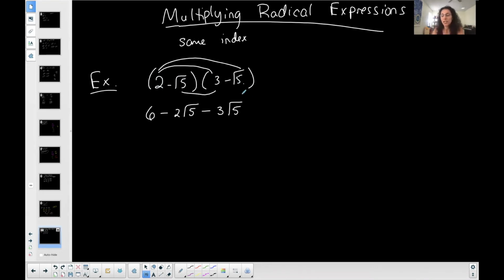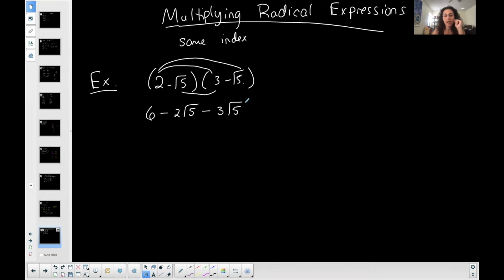I didn't get 10 because 2 is outside the radical and 5 was inside. So I cannot multiply those two numbers. Keep the 2 outside and the 5 inside. But if they're both under the same radical with the same index, then I can multiply the two numbers.